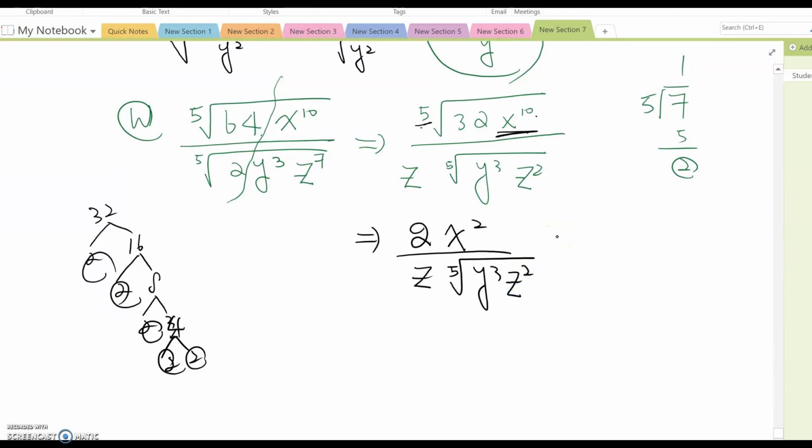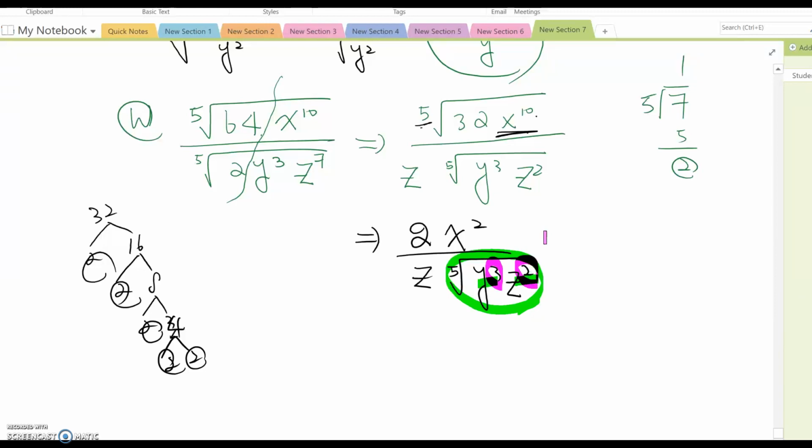Now please look really carefully from here. As I told you at the beginning of this video, we don't want to write an irrational form on the denominator, which means we need to make this a rational form. But in order to make a rational form, we need the fifth power of y and z. As you know, we have only 3 y's and 2 z's, right?